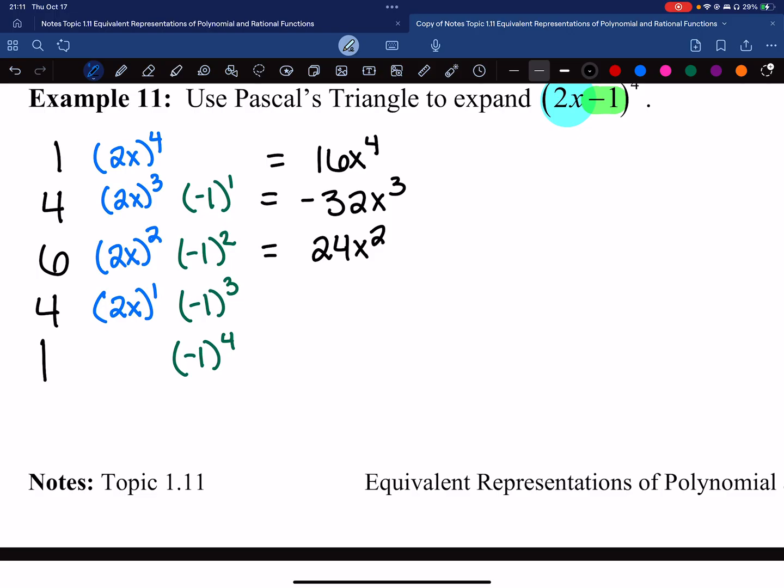Then we have 4 times 2x times -1 cubed. -1 cubed is -1. 4 times 2 is 8 times -1 is a -8, and the variable is x. And last but not least, -1 to the fourth power. -1 to the fourth power is a +1.